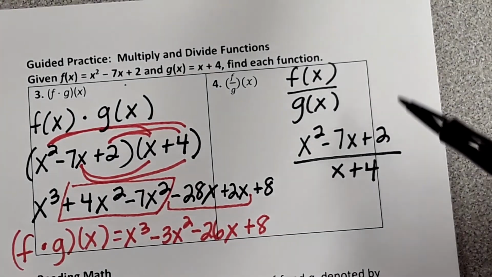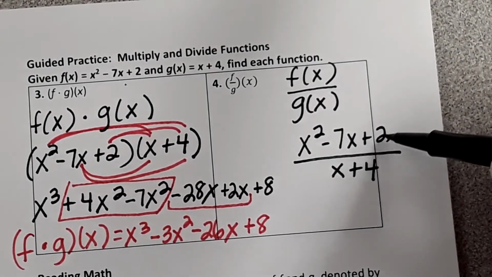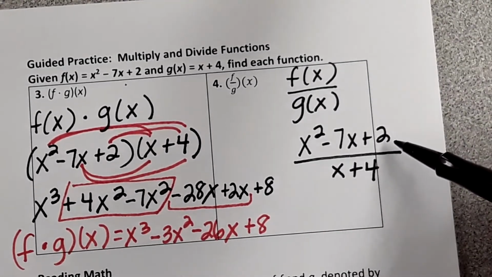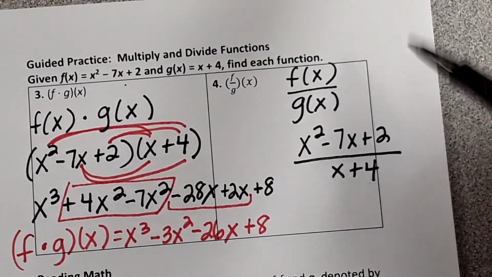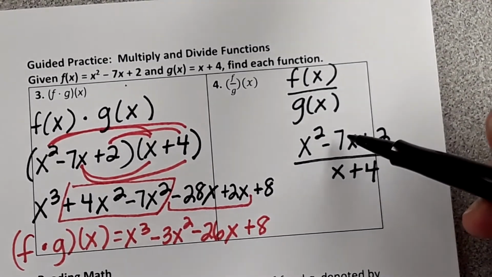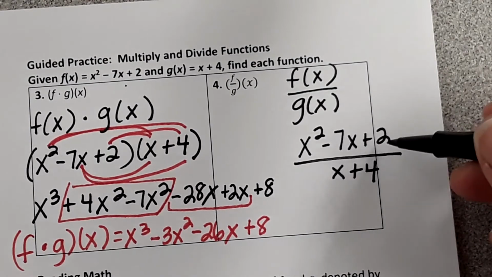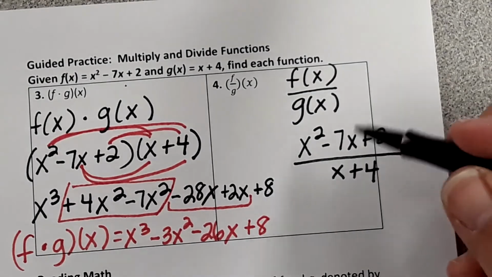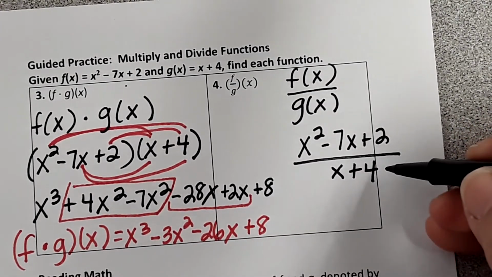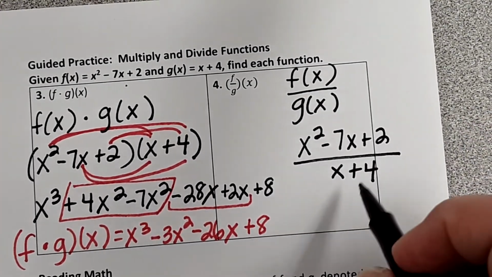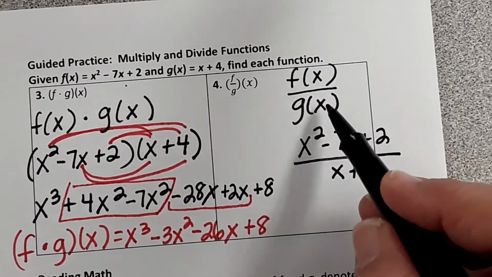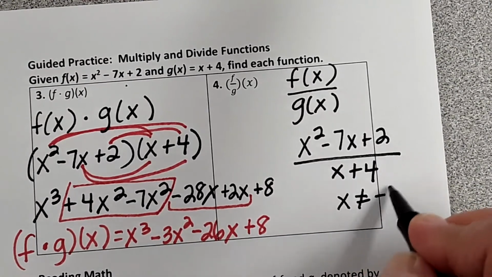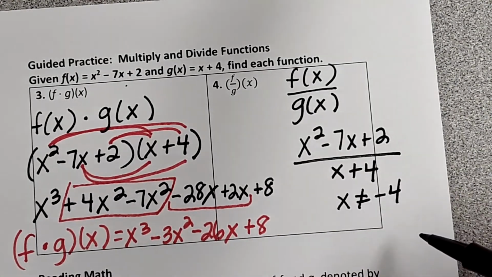The numerator could factor, but there are no two numbers that multiply to 2 and add up to negative 7. 1 times 2 are the only factors of 2. So we're going to leave it like this, but because x plus 4 is in the denominator, we need to put a restriction: f of x divided by g of x is fine as long as x does not equal negative 4. So that is your final answer.